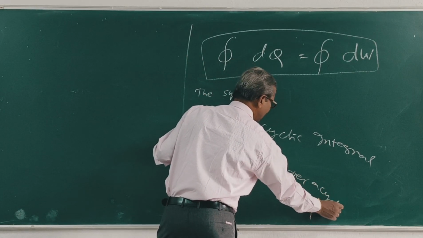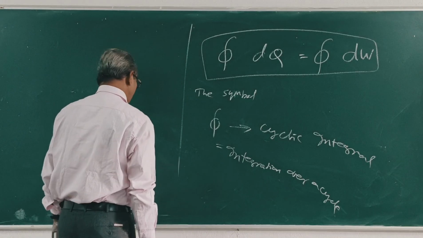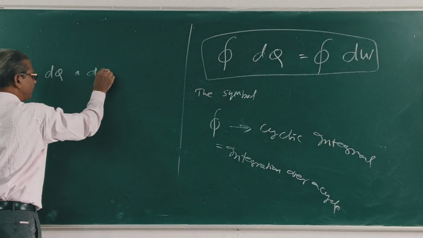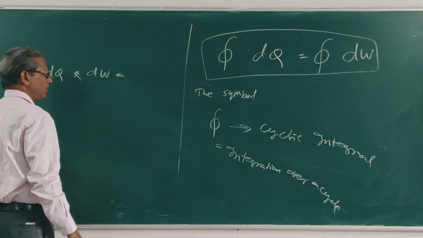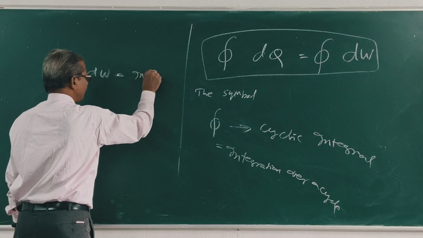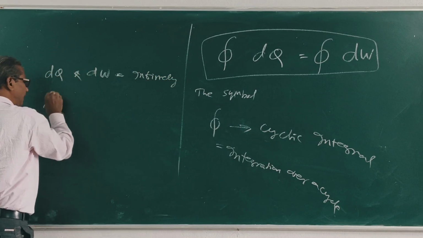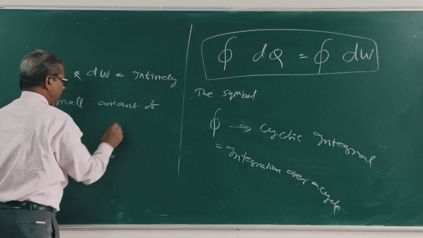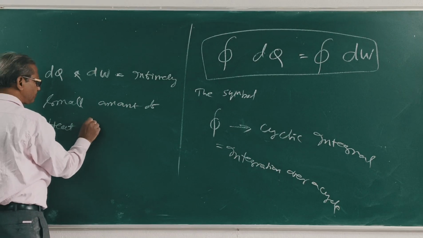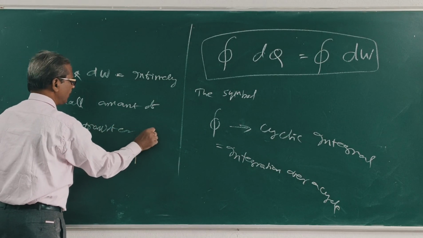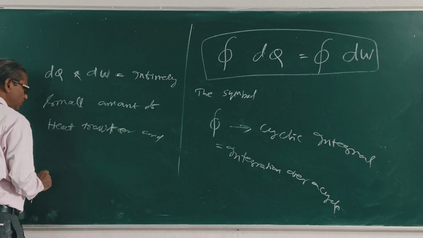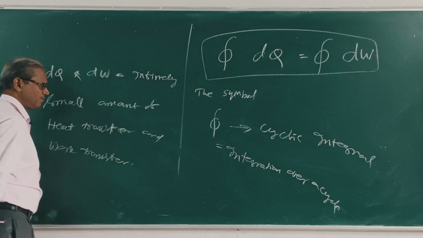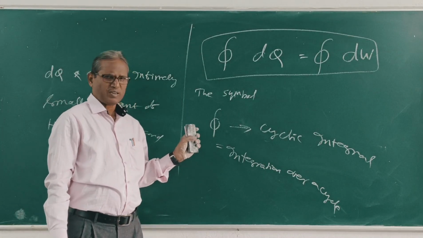And dQ and dW are infinitely small amounts of heat transfer and work transfer. Clear? This is the first law of thermodynamics.